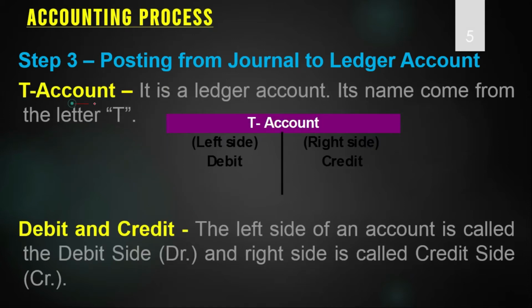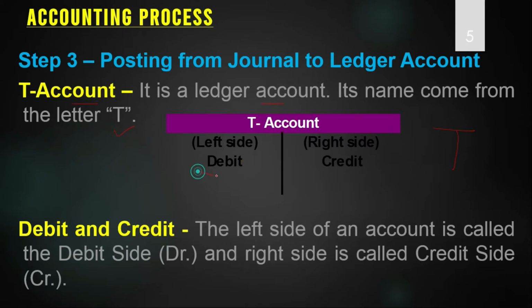Now, T accounts. What is an account actually? An account is prepared in the shape of the English alphabet T. That's why, if you look at it properly, it looks like the English letter T. It is a ledger account and its name comes from the English alphabet. It has two sides, left and right.